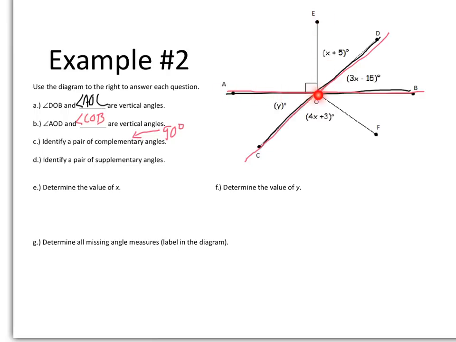If this angle is 90 degrees, we also can conclude that this angle in blue is 90 degrees as well, because remember, a straight line has a measure of 180 degrees, and 90 plus 90 is 180 degrees. So what 2 angles add to 90 degrees?